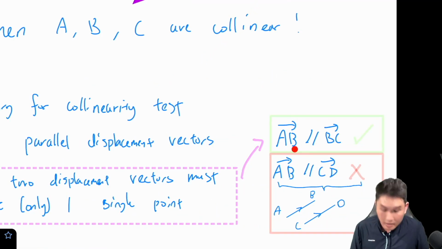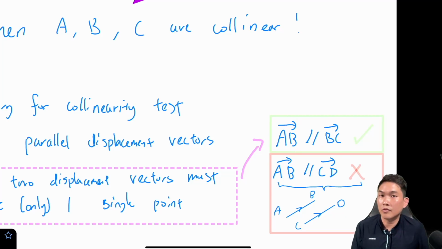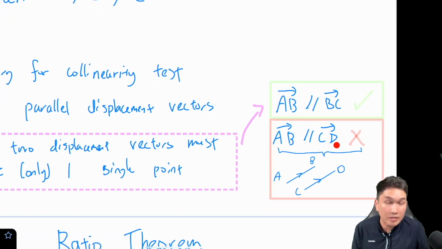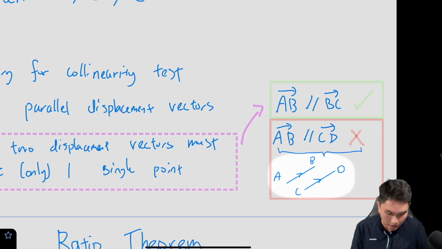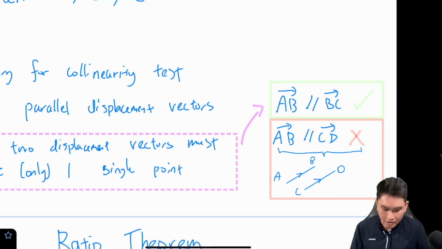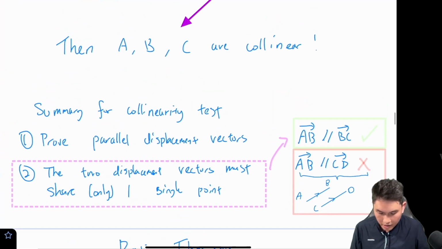If AB, the displacement vector, is parallel to BC, where they share the same point B, then this is sufficient to prove collinearity. But if say you have AB parallel to CD, this may not necessarily prove collinearity because AB and CD could be disjoint. So this is quite important in our collinearity test.